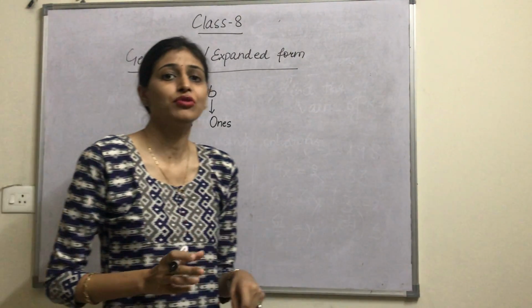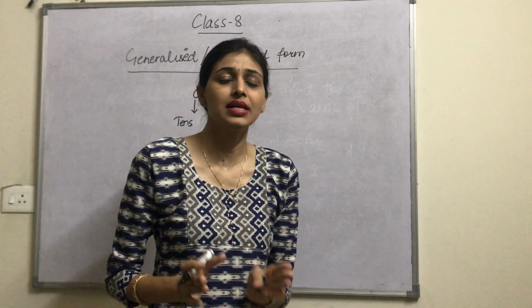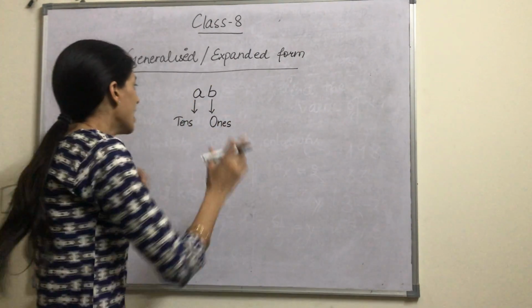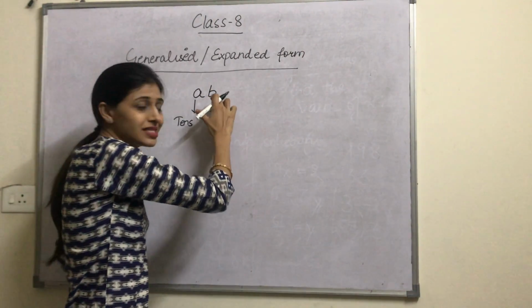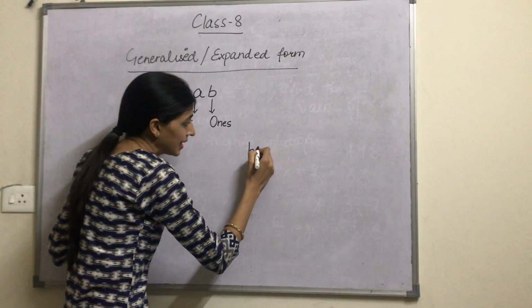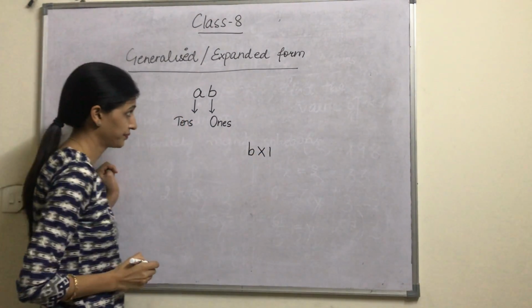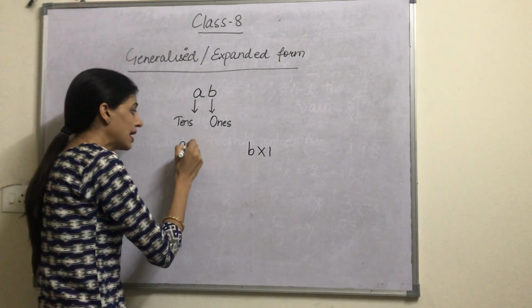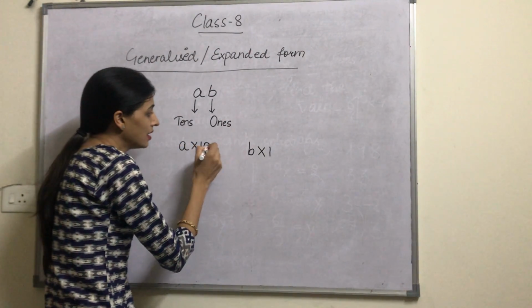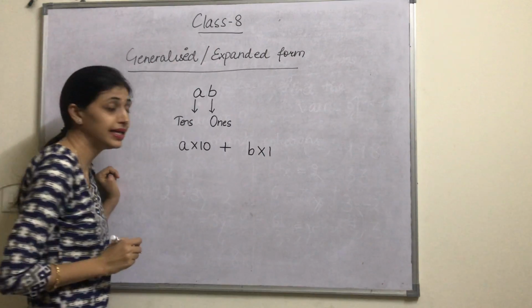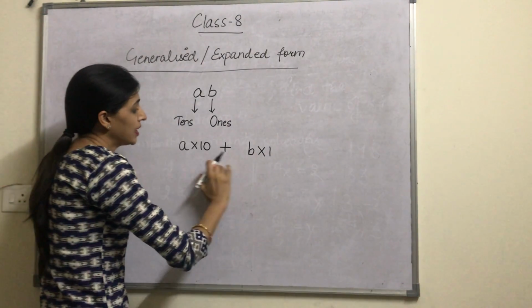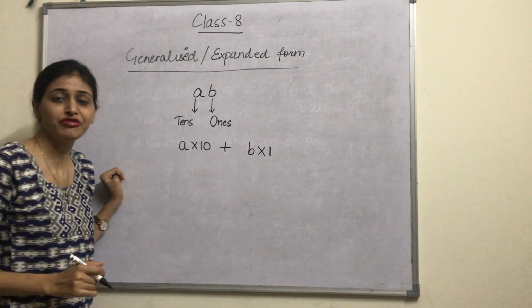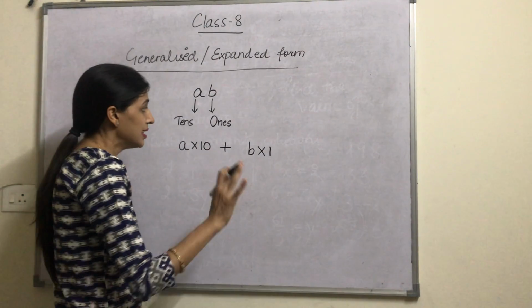You just have to look at which number is at which place. If B is at ones place, multiply B with 1. If A is at tens place, multiply A with 10 and add both these. This will be your expanded form or generalized form.